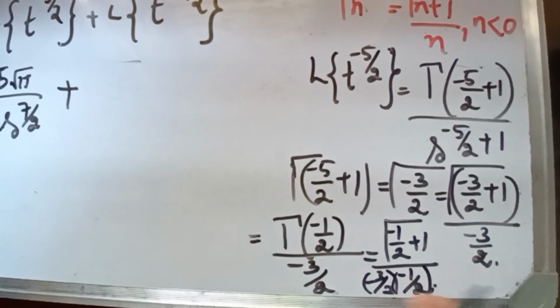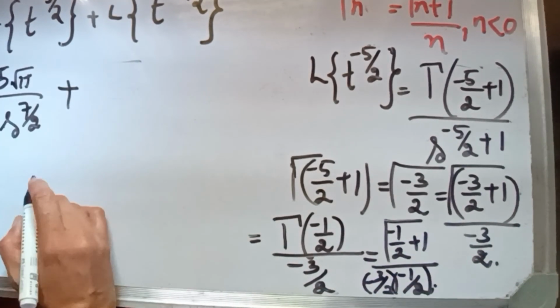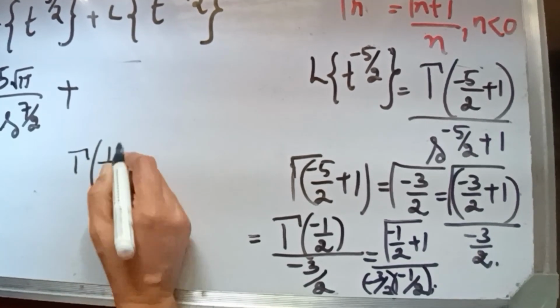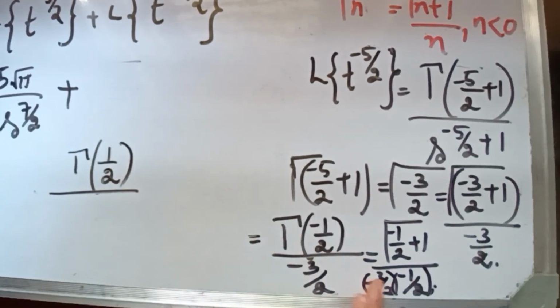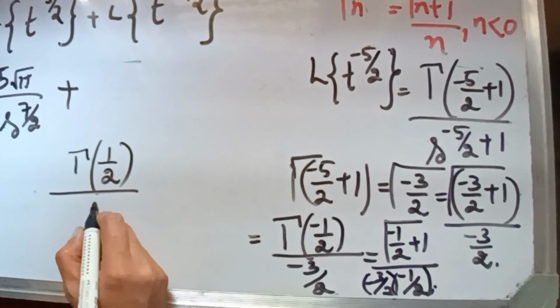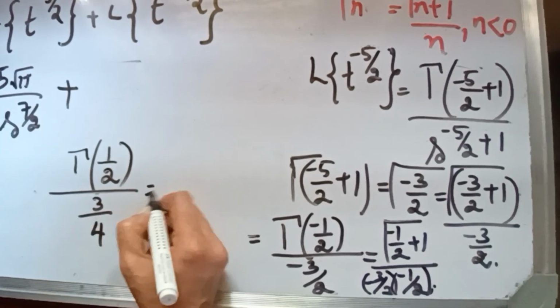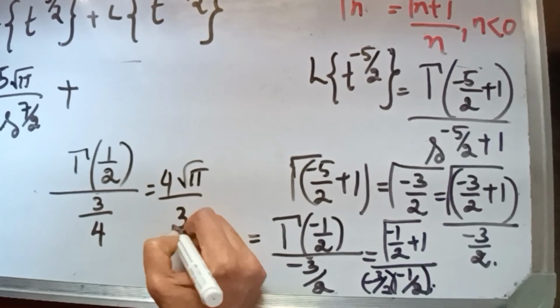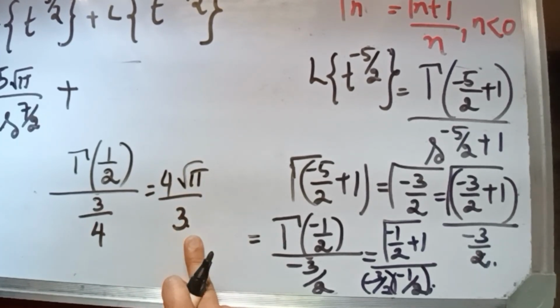So after simplifying, it is equal to gamma of half divided by minus 3 by 2 times minus 1 by 2, that is 3 by 4. What is the value of gamma of half? Root pi, so 4 root pi by 3.